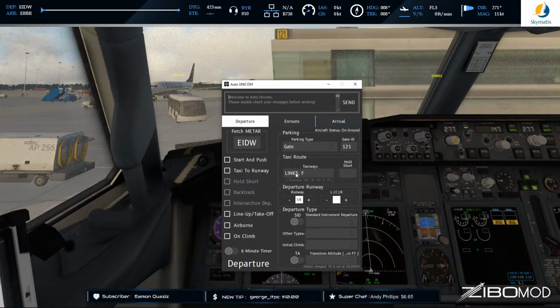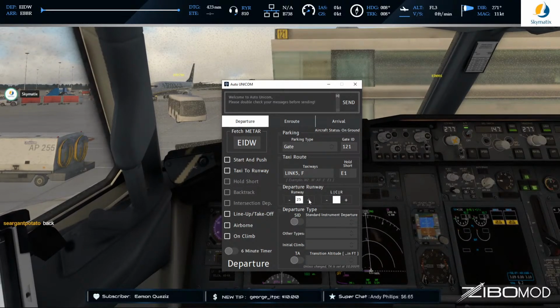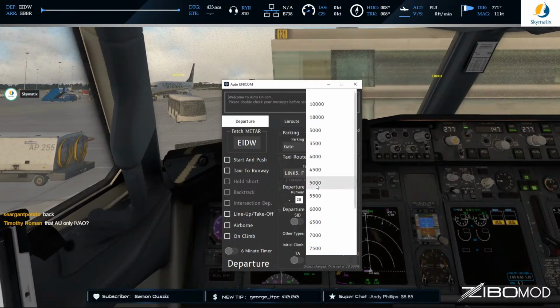Echo 1, 3, 2, 8. Left SID. Initial altitude 5000.